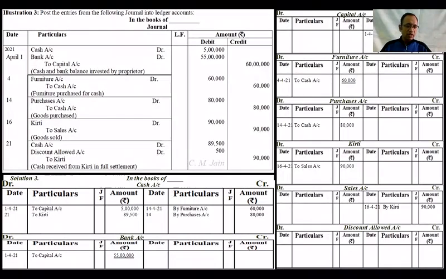Similarly, in discount allowed account on debit side, again we will write to Kirti, amount 500, that is against discount allowed, 21st April 21.